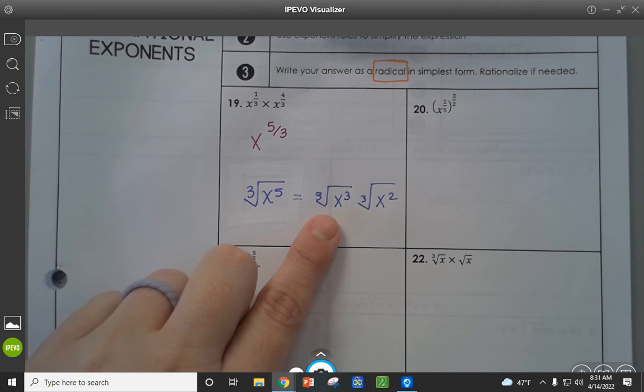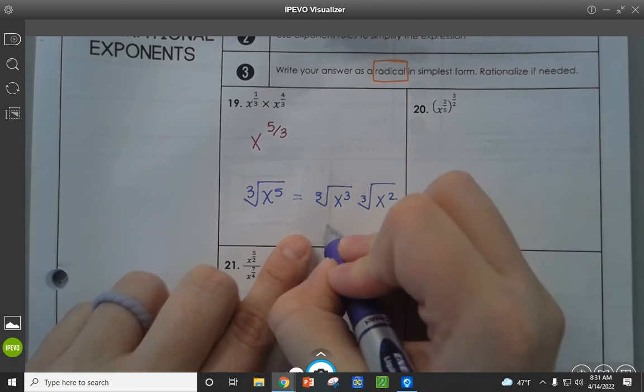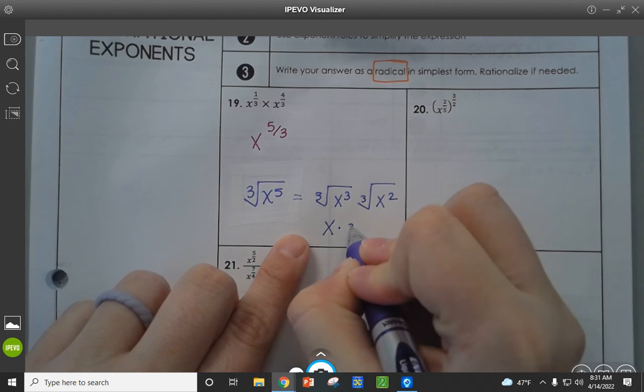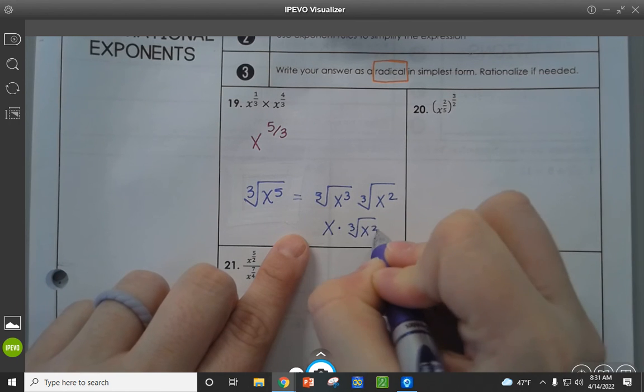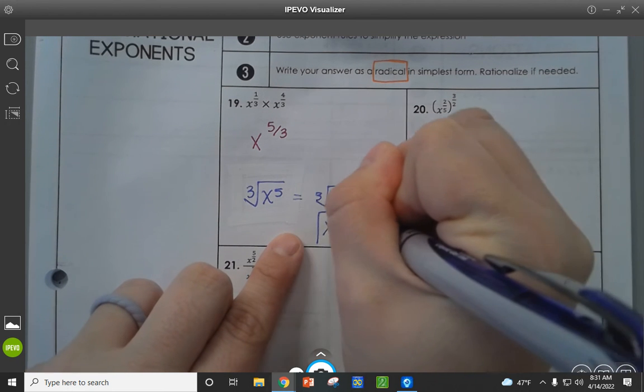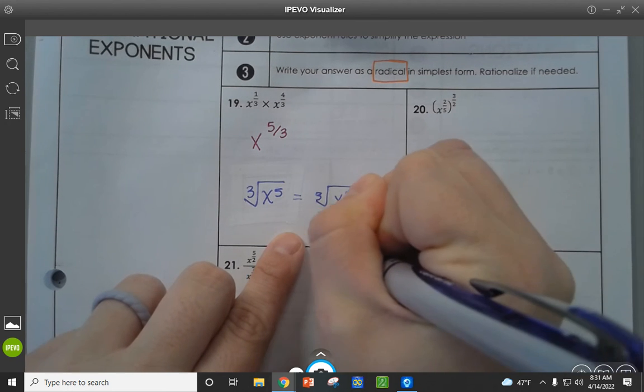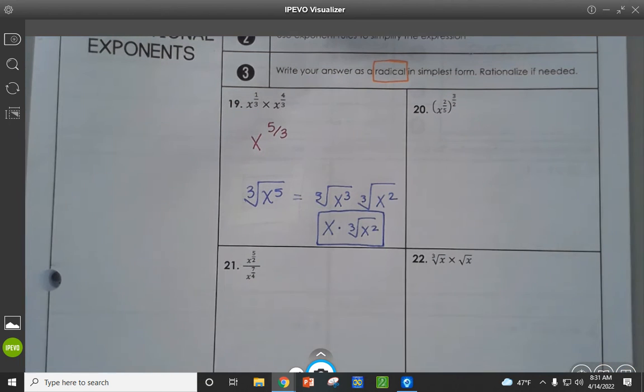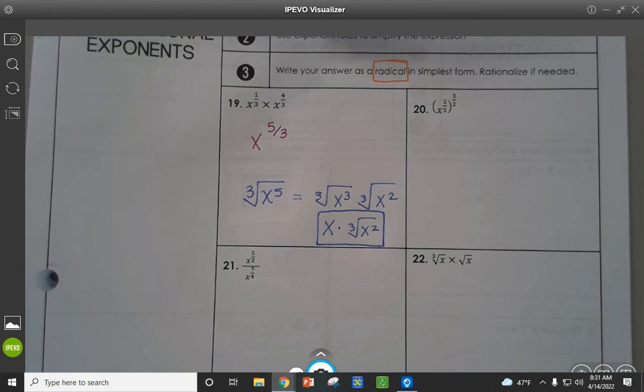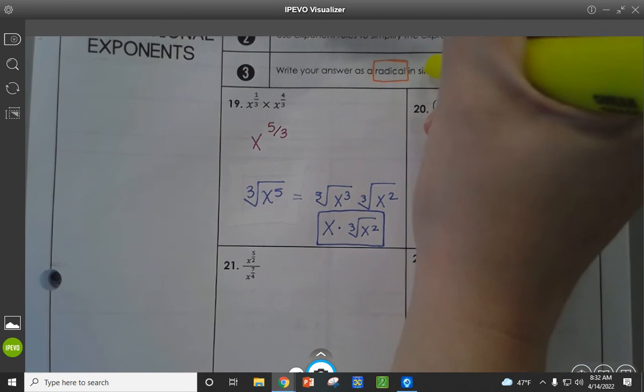And what is the cubed root of x cubed? So we have x times the cube root of x squared. And now it's simplified. I'm going to highlight this where it says simplest.